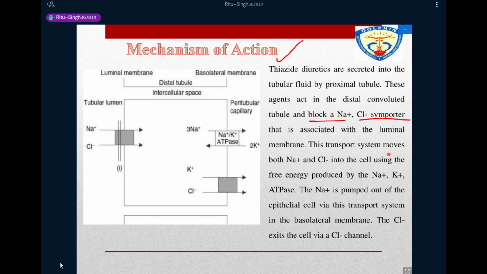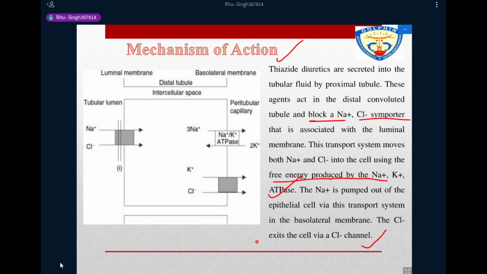This transport system moves both sodium ion and chloride ion into the cell using the free energy produced by the sodium-potassium ATPase. The sodium ion is pumped out of the epithelial cell in the basolateral membrane, and the chloride ion exits the cell via a chloride channel.